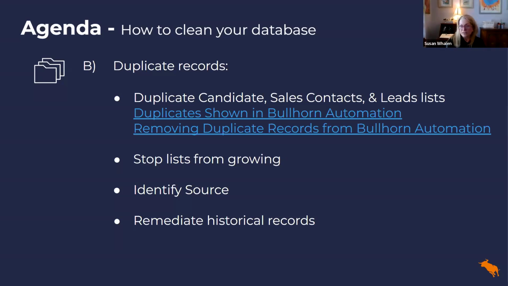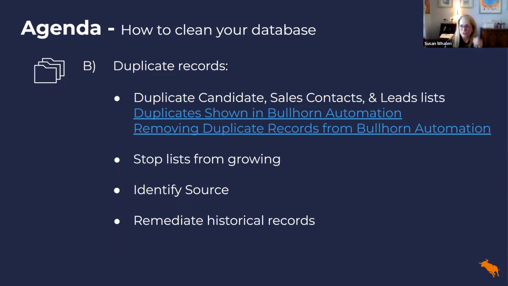But oftentimes, you might find that you have quite a bit of duplicate records in your instance. And while there's some verbiage that talks about deleting or merging duplicate records in automation, automation can be used to identify them. It can be used to help stop that list from growing.